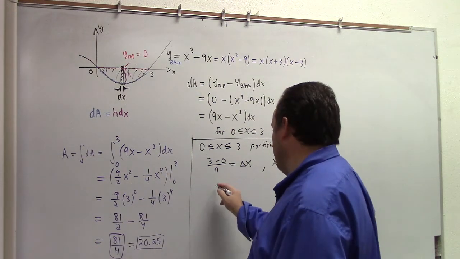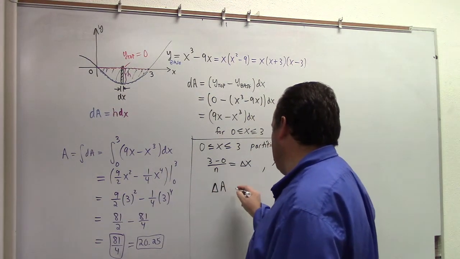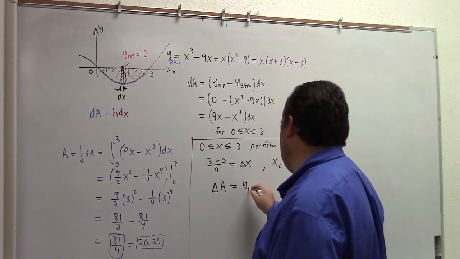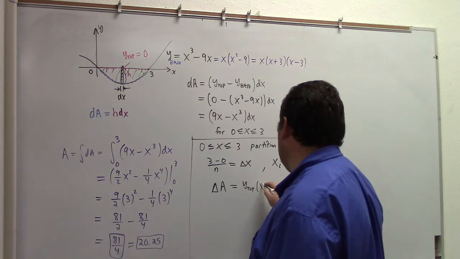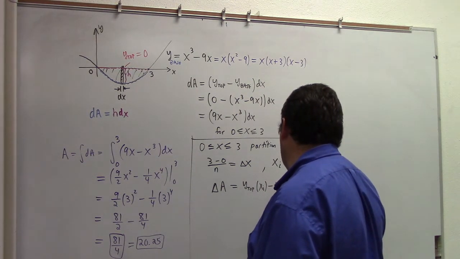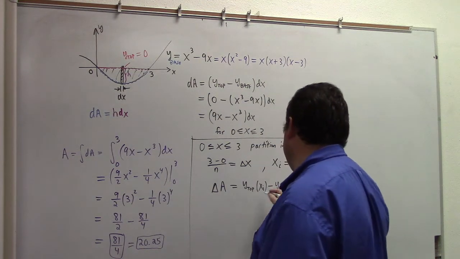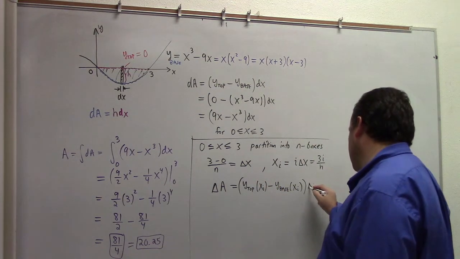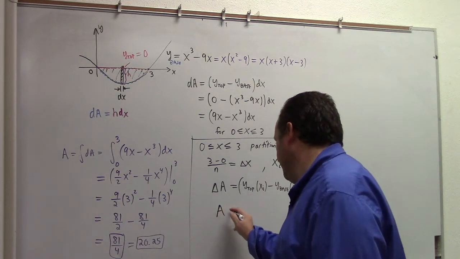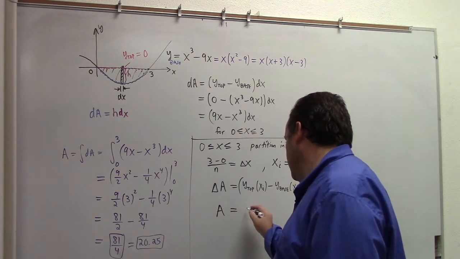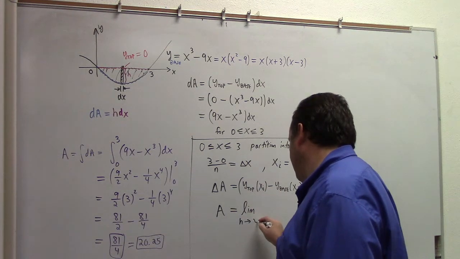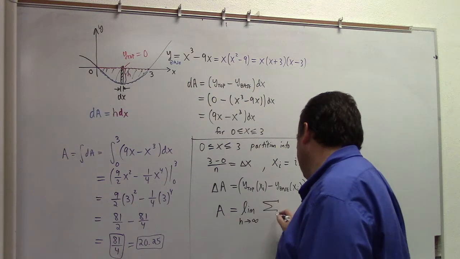And so my little bit of area would be y top of xi minus y base of xi times delta x. And to find the whole area, I take the limit as n goes to infinity of the sum.